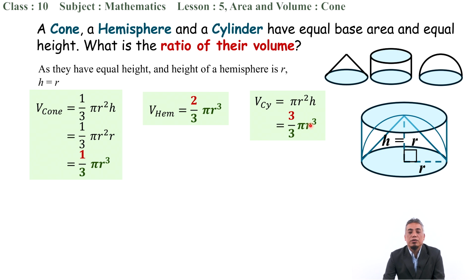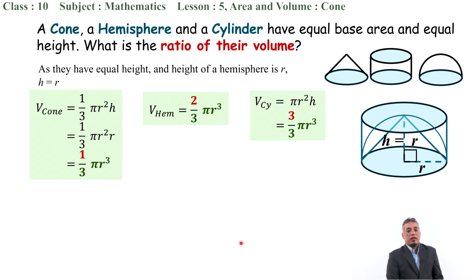So here we got 3, and again 3, and again 3, and pi r cube here, here, and here. Just the difference is, in case of cone there is 1, in case of hemisphere there is 2, and in case of cylinder there is 3. That's why I have shaded this red.